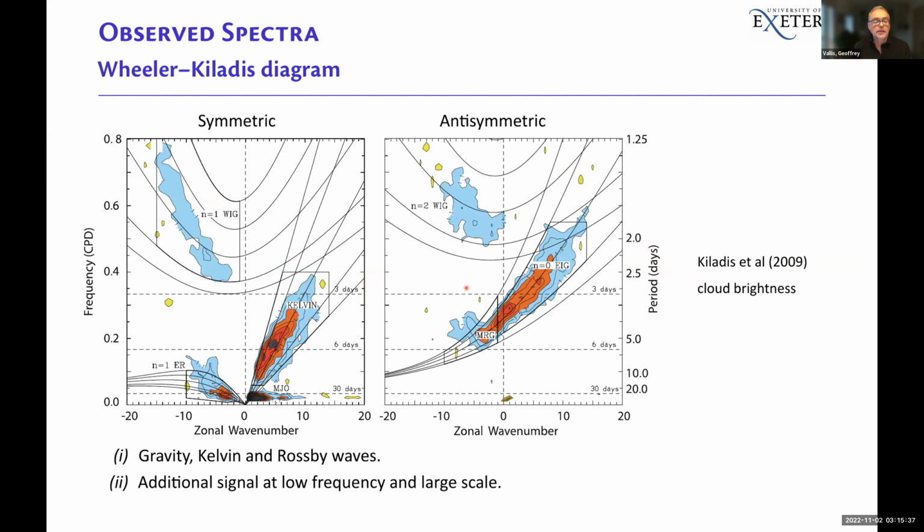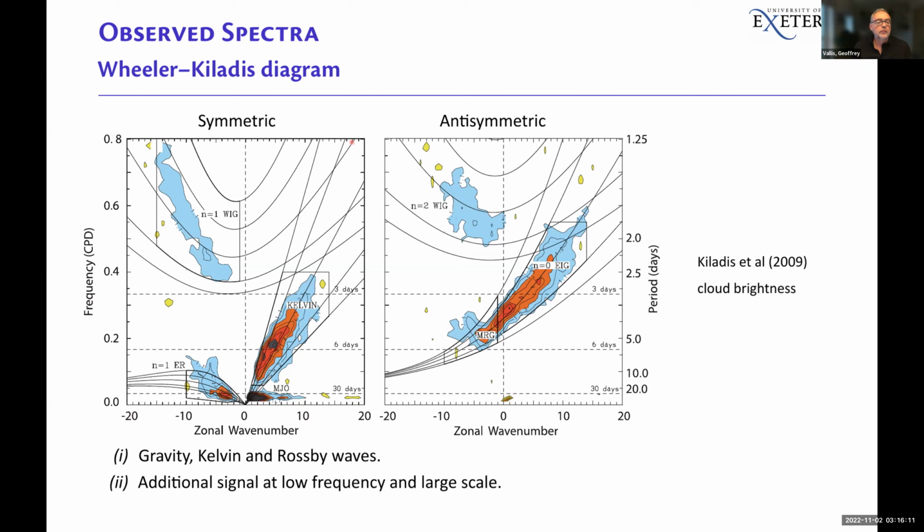And the other thing you get in the MJO, which perhaps led people to realize that it was some kind of structure different from an ordinary wave, is if you do a so-called Wheeler-Kiladis diagram, in which you decompose the disturbance into its time frequency components here on the vertical axis and its spatial components, the zonal wavenumber, here on the x-axis.